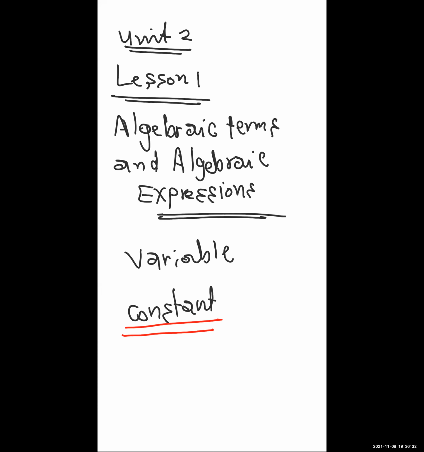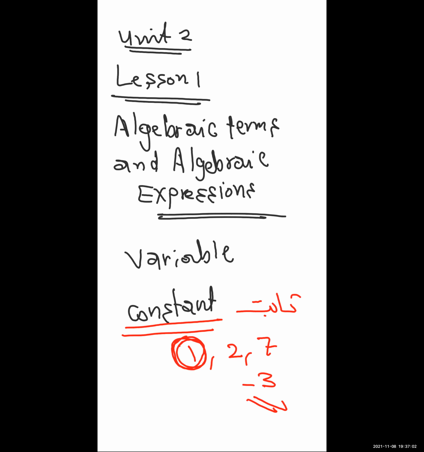Like numbers. So constant means numbers, like 1, like 2, like 7, like -3. All these are constants. Why constants? Because the value of 1 will be 1 forever, right? It will never change. So it's a constant. And in Arabic it means ثابت، يعني ده ما بيتغيرش.